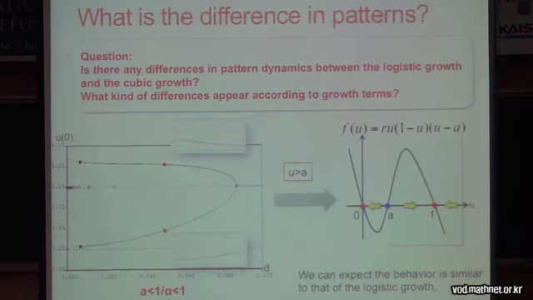This is quite similar to the logistic growth case, where 1 is stable and 0 is unstable. So A corresponds to 0 in the logistic case, and 1 corresponds to 1 in the logistic growth case. So we can expect that the behavior of the solution is similar to that of the logistic growth in this case.